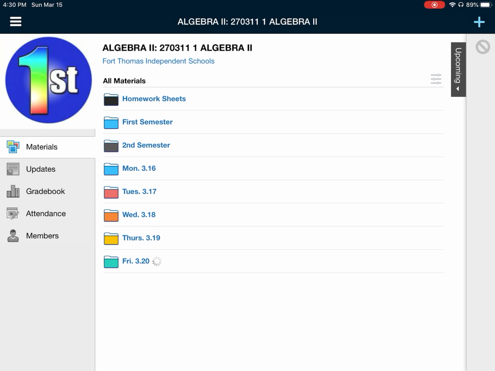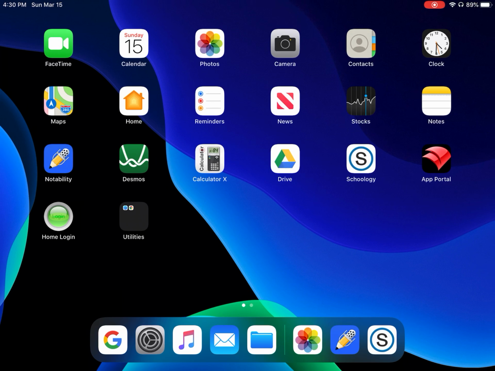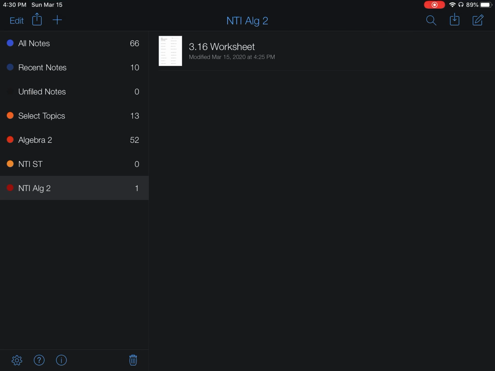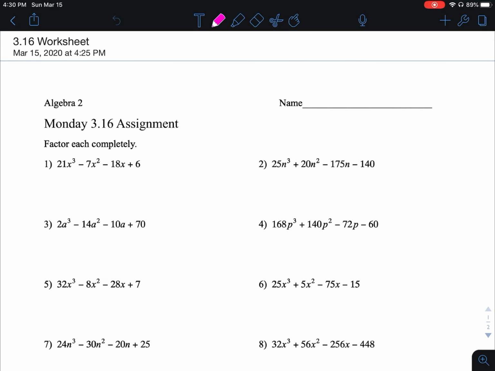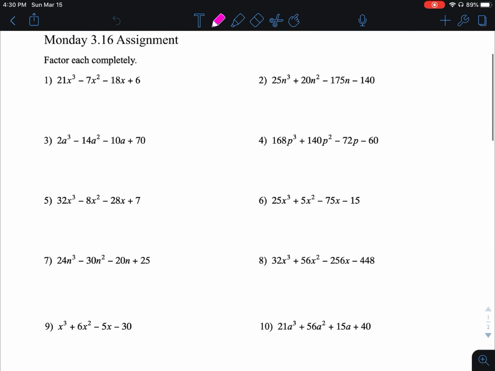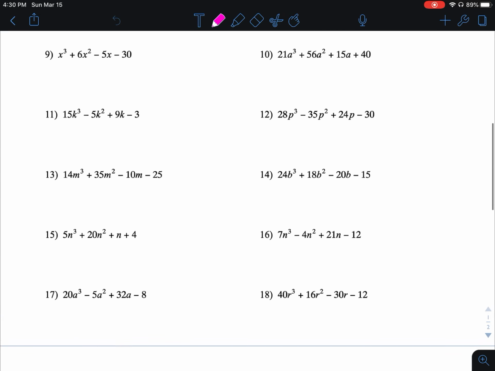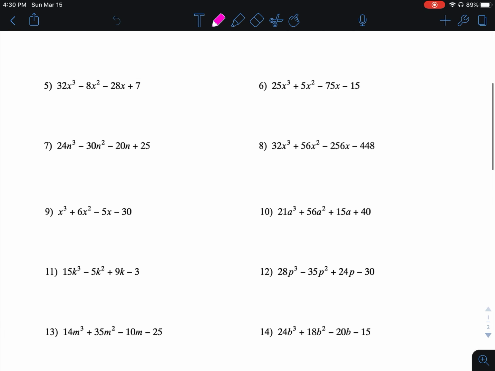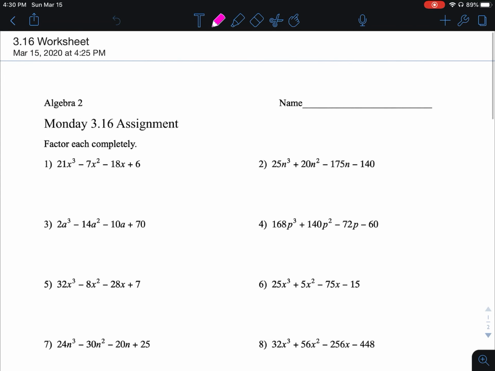Okay. So the first thing we're going to go over today is factoring by grouping, which we did on Friday, the 13th. So if you weren't there Friday or you forget, I'm going to go over it with you here first, and then I'm going to give you your actual worksheet that you'll be working on. My suggestion to you would be to either print it out if you have that capability.